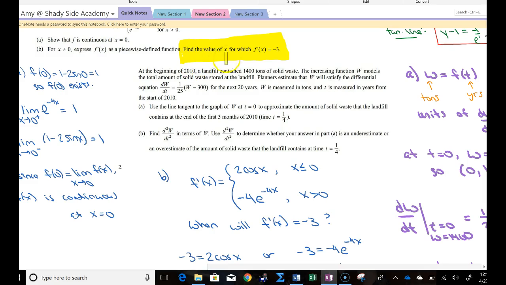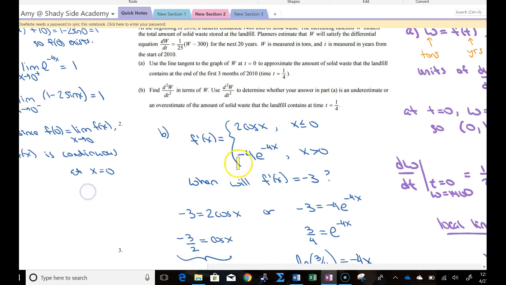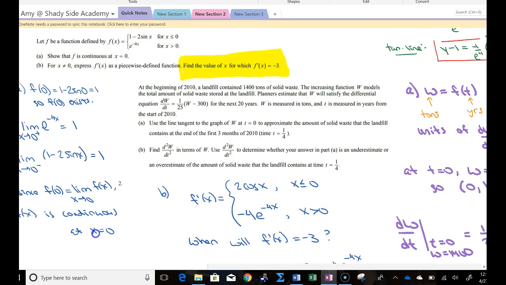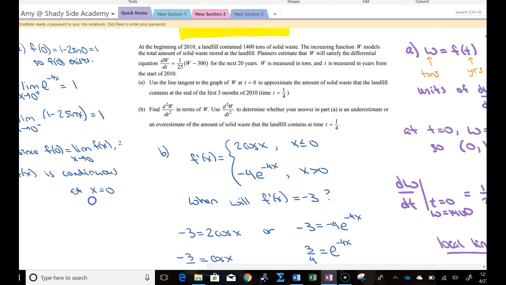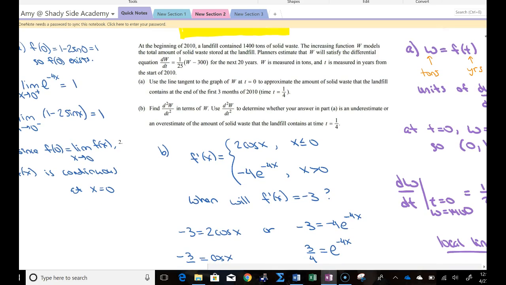This is saying find the value of x for which f prime equals -3. Well, f prime equals either 2 cos x or -4e to the -4x. So to solve for x when f prime equals -3, either 2 cos x could equal -3, or -4e to the -4x equals -3, right?